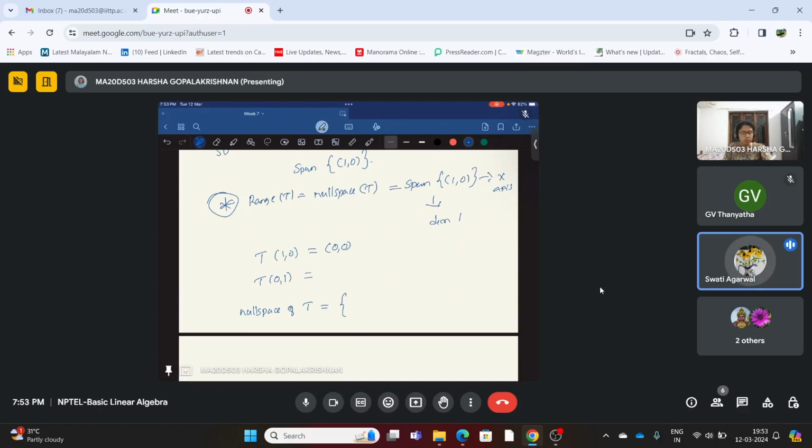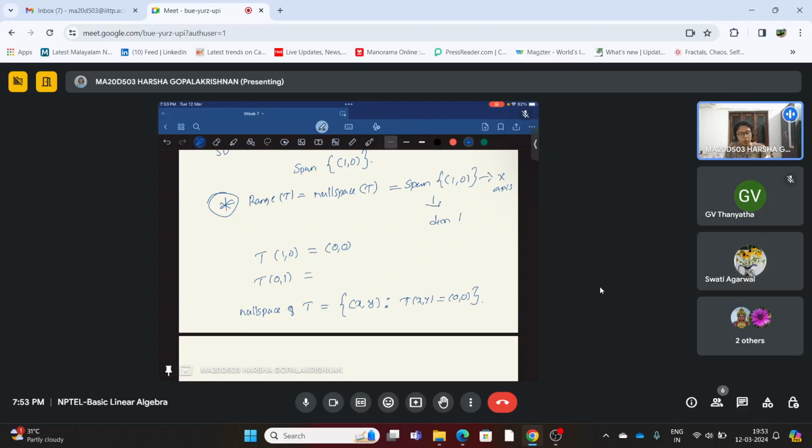It is the set of all elements in the domain which go to the zero element, correct? The set of all (x,y) such that T of (x,y) equals 0.